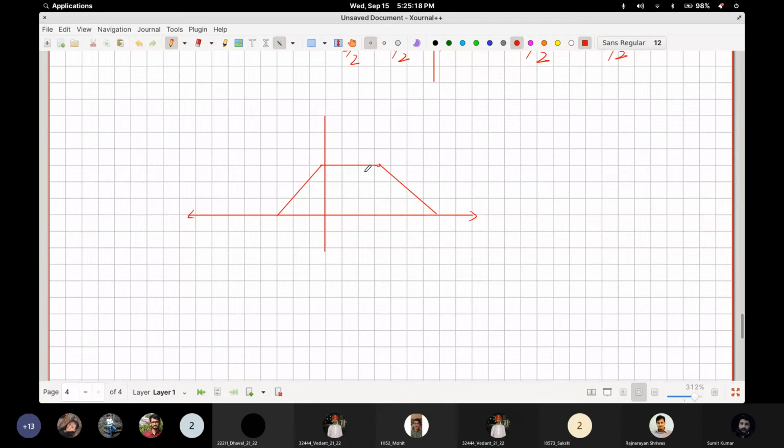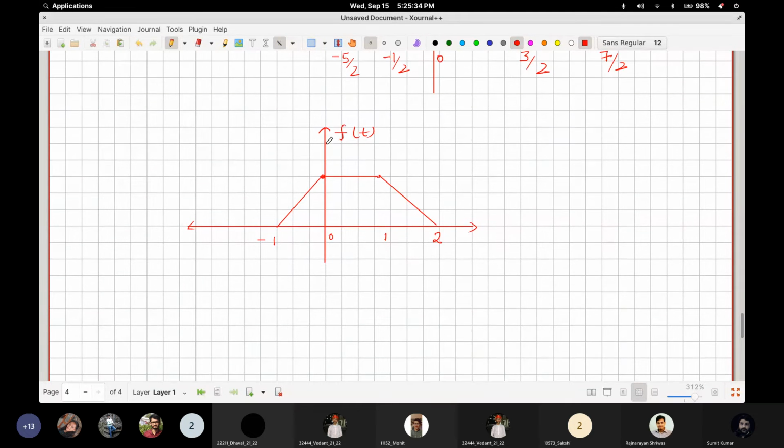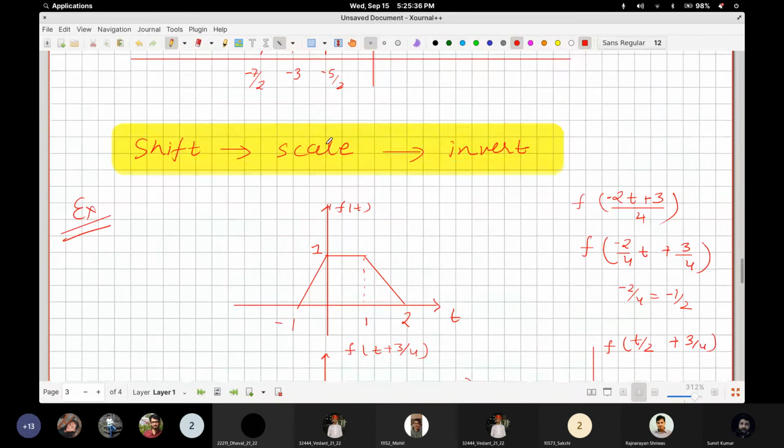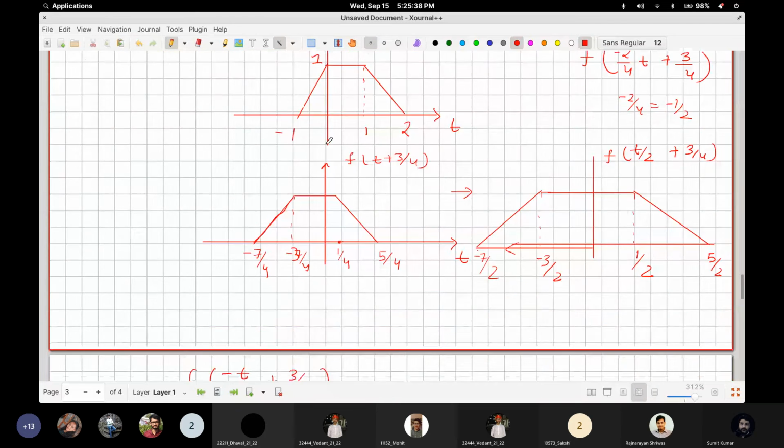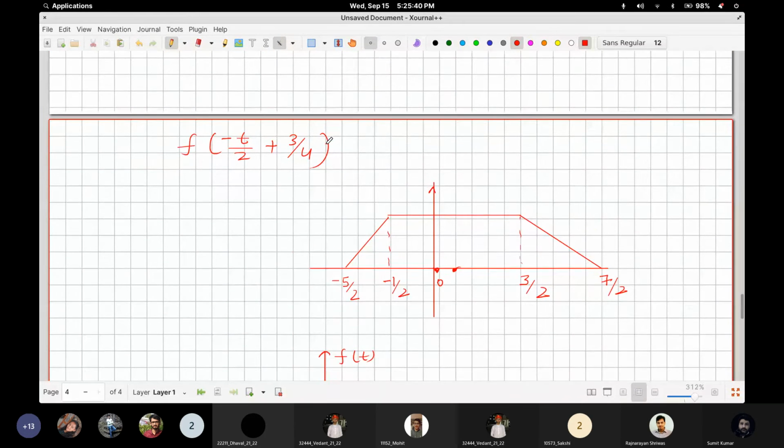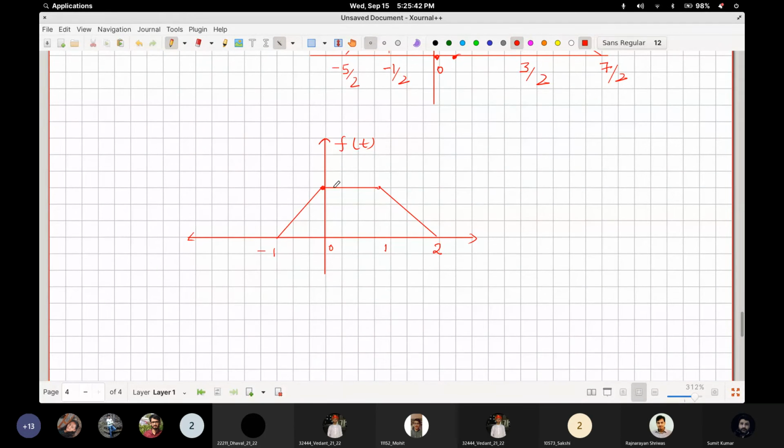Okay, so here we have f of t, and this point was, I think, 2, this was 1, this was 0, and this was minus 1, right? And this point was equal to 1 or 2. कितना लिया था? I think it was 1, right? So everywhere that is 1 only. Okay, so this is 1 only, and this is t.